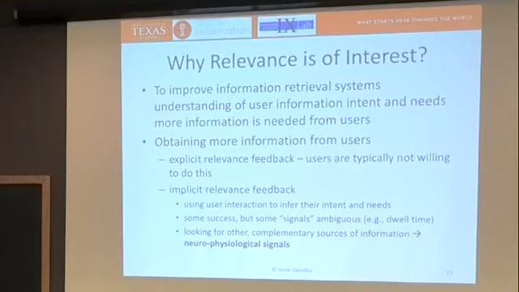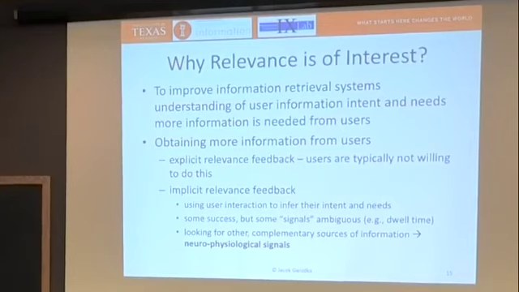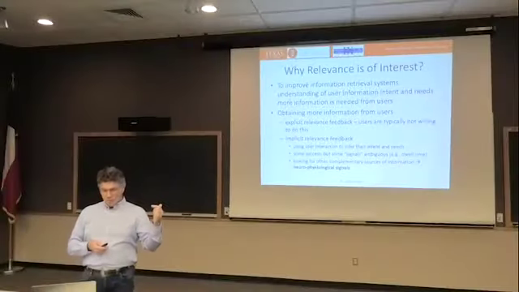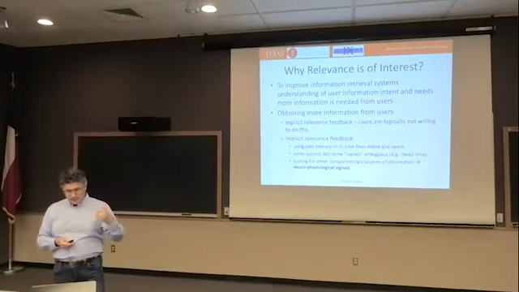It turns out that people are really resistant. They don't want to do this because it requires more mental effort, and possibly more time. So the idea is to use some other signals in an implicit way to better understand what a person needs, what a person wants. The signals with which I work are neurophysiological signals.